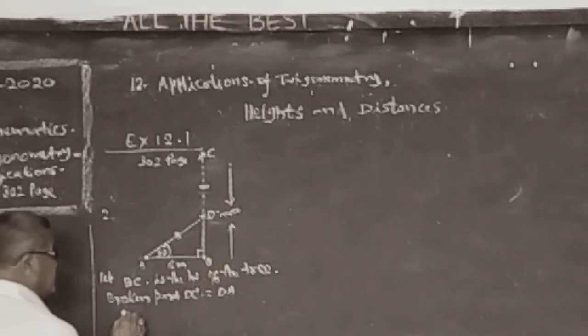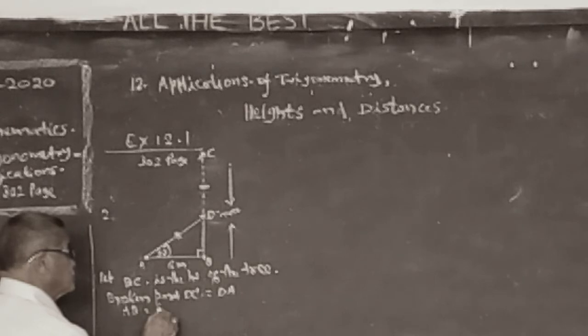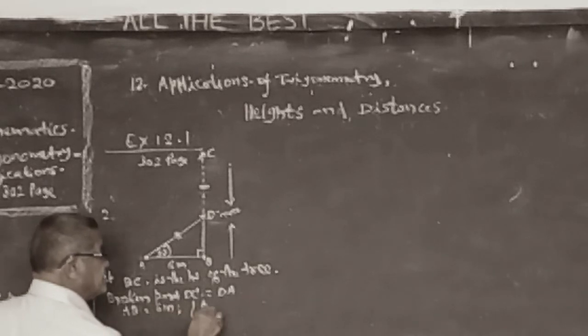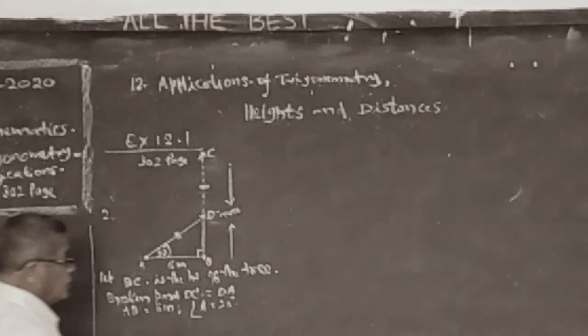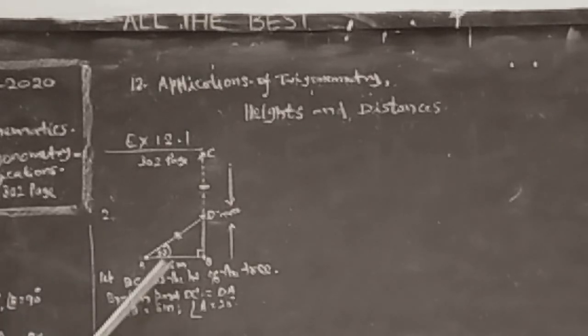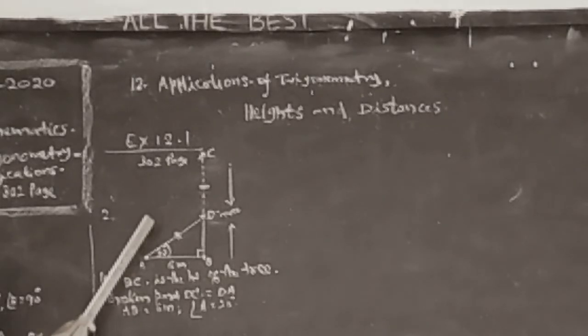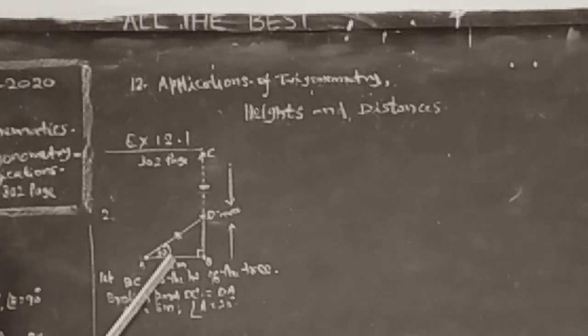AB is given as 6 meters, and angle A is 30 degrees. Now we have to find BD and AD. To find BD, we have to use tan 30 degrees, and on the same side, to find the hypotenuse, we have to use cos 30. Cos 30 is the adjacent side of the angle by the hypotenuse.